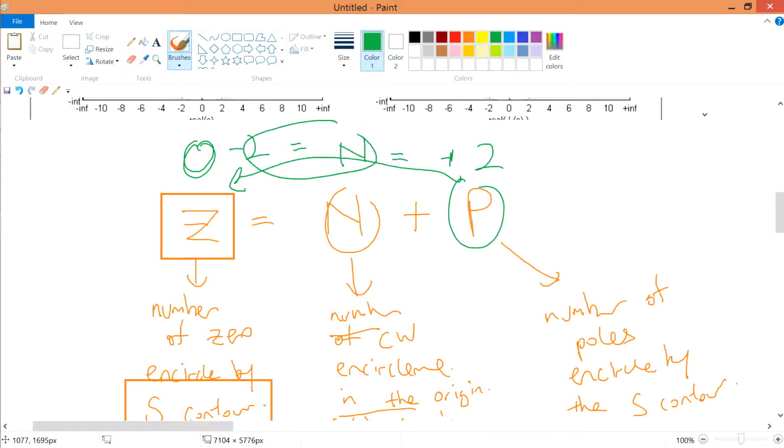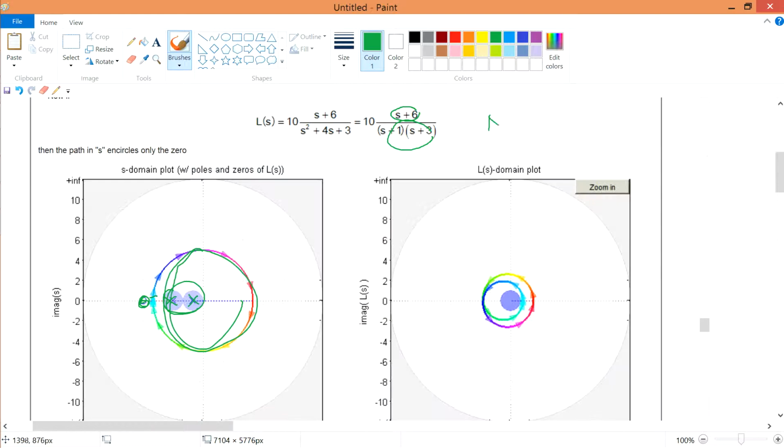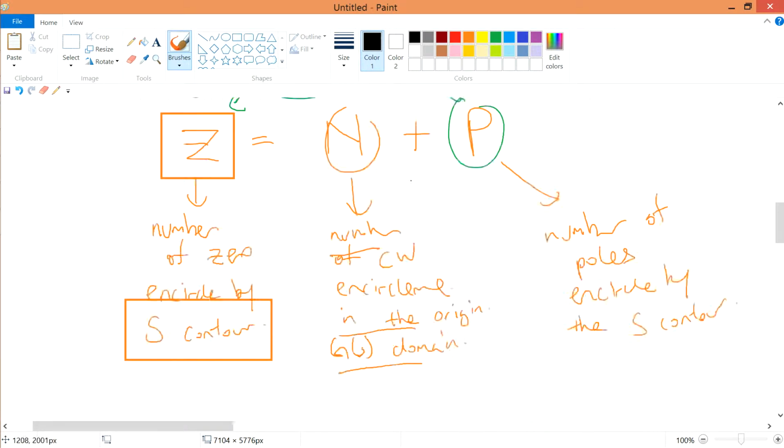So minus 2 is equal to N. And since N is equal to minus 2, where N is a clockwise encirclement of the origin, it's supposed to go clockwise, but since it is negative now, negative 2 in this case, you're going to go counterclockwise. This is why it's going counterclockwise in this picture right now. It goes counterclockwise and encircles the origin 2 times, right? One time, and two times. You see? Very tired. And therefore, yeah, this is it.